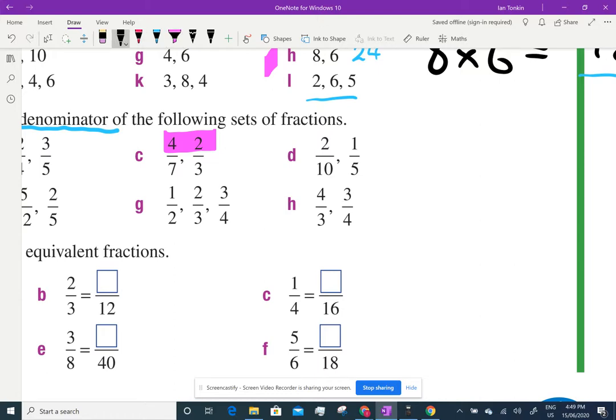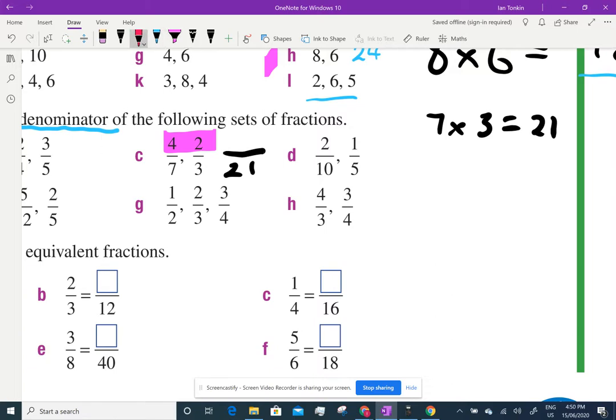I know that 7 times 3 is 21, so I know that will be a common denominator. But is it the lowest? Well, let's have a look.